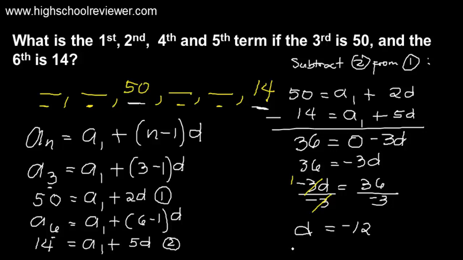We can now find the missing terms. First, let us find a sub 1. To find a sub 1, we are going to use again the equation for a sub 3. The equation for a sub 3 is equal to a sub 1 plus 3 minus 1 multiplied by d, and our d is negative 12.